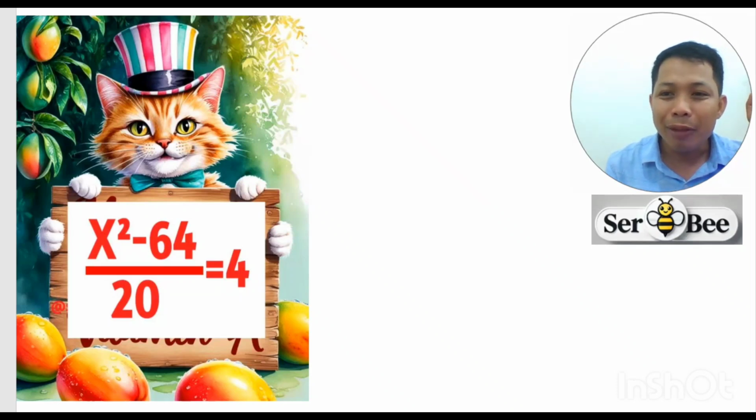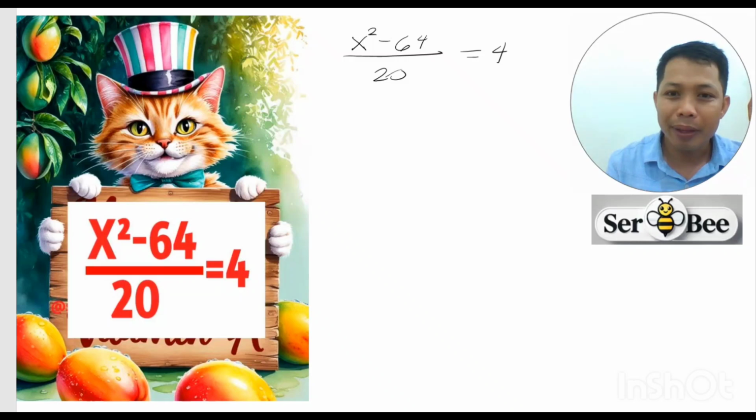So the problem that we are going to solve is (x squared minus 64) over 20 equals 4. In order to solve this problem, you can do cross multiplication.